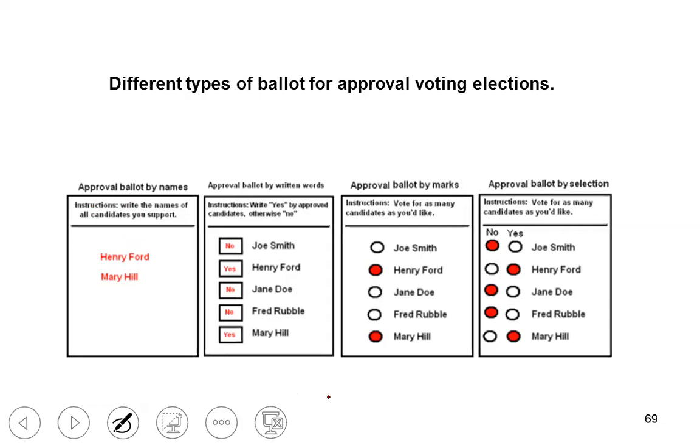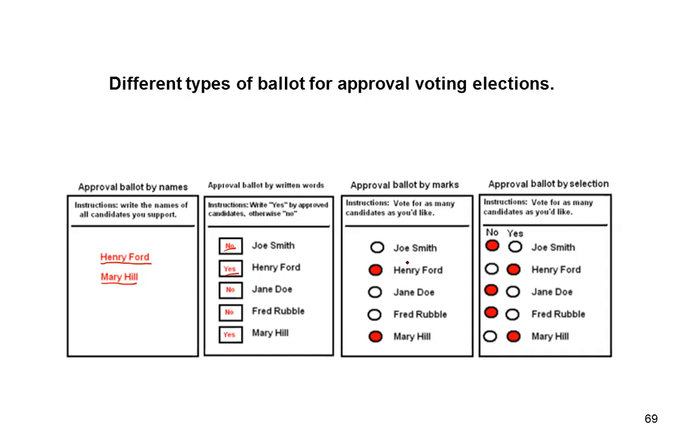The ballots vary. You may ask voters just to write the names of candidates that are approved on the ballot. You may ask them to just write yes or no. Yes means the candidate is approved. No, this candidate is disapproved.